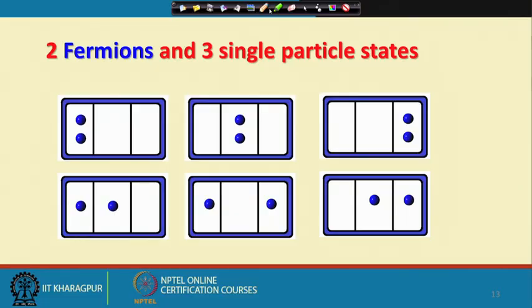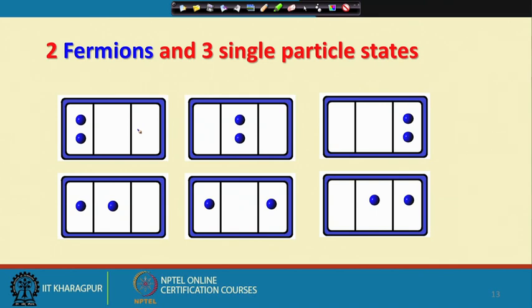This is where I have the picture showing you one big box, which signifies that the total energy of the system is constant, and for this constant total energy there are 3 single particle states as given by these 3 subcompartments.